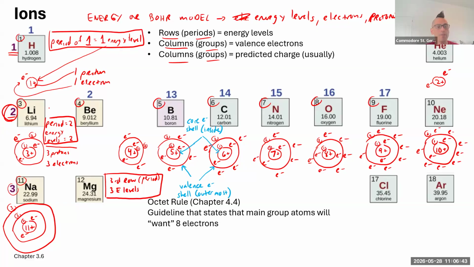How many atoms in the second row of the periodic table? Well, there's 1, 2, 3, 4, 5, 6, 7, and 8. So we can hold 8 electrons in the second row of the periodic table.